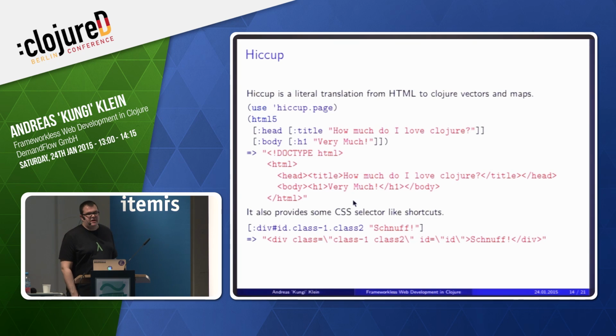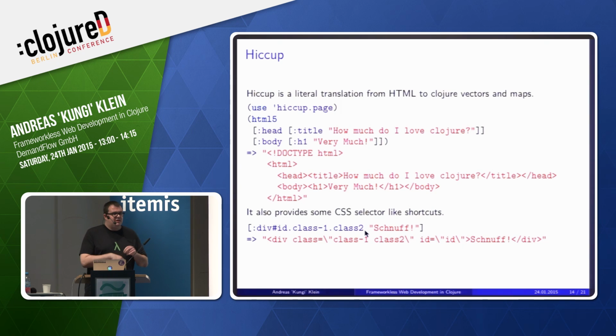If you don't want to type that much, you can add a map, in this case with all the special attributes for your title tag, for example any data attributes you might have. You can add them here as a map. Or for the standard attributes like ID and class, you can use this CSS Zen coding-like syntax.